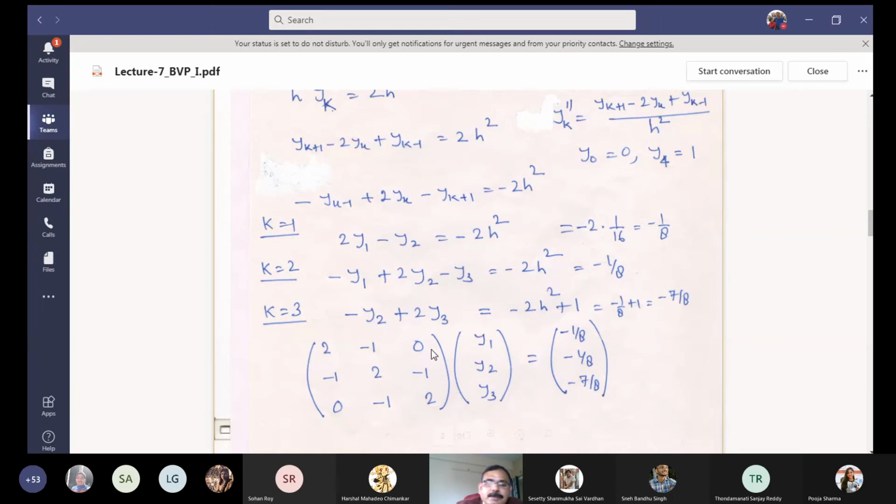Since this matrix is very small, but if you have more elements, 6 by 6, 7 by 7 or something of that kind, you may have diagonal entries and then 2 off-diagonal entries on both sides: on the upper side 2 diagonals, lower side 2 diagonals. Then it will be called 5-band matrix, right? Here only 1 and 1 is there, so it is a 3-band. Is this clear? Yes, sir.